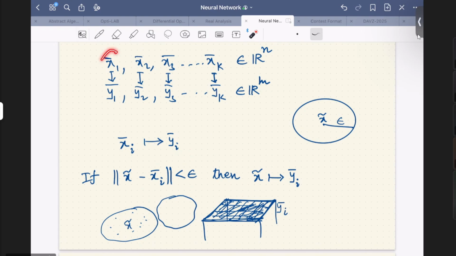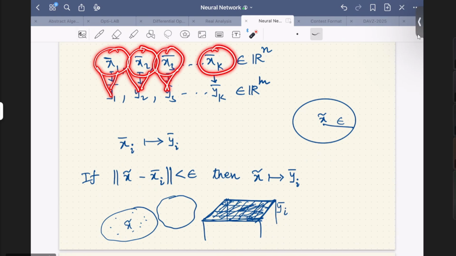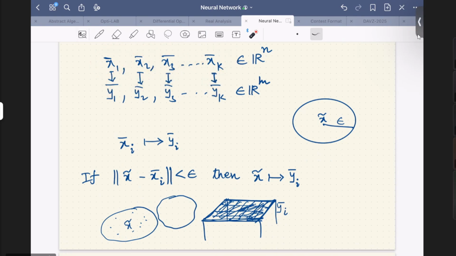So the association, even if there is a disturbance around x, we are looking for the same y. If that is the target, the association should not have any disturbance. Even if you have a disturbance around x, we look for the same answer.